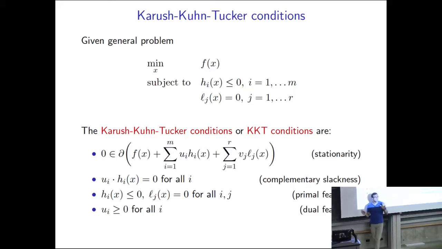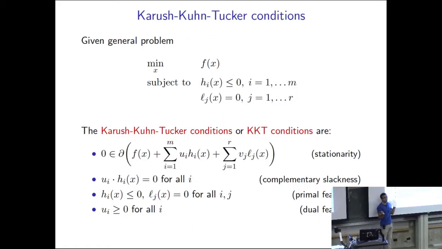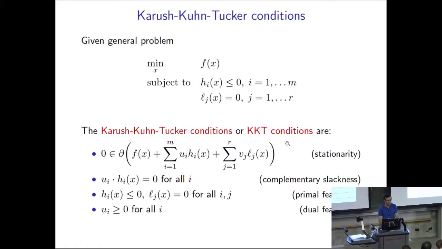This is just saying that 0 must be in the subgradient of f at the point x, which we already know is necessary and sufficient for optimality if I'm just minimizing one function. So the Karush-Kuhn-Tucker conditions are a generalization of subgradient optimality for constrained problems. That's one way to think about them. And they reduce to subgradient optimality without constraints.